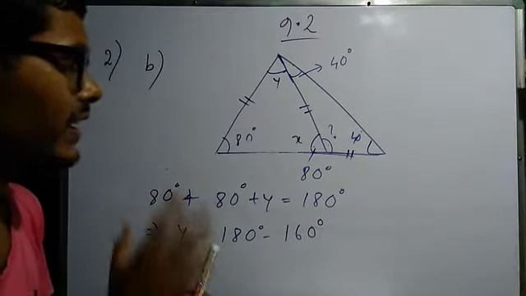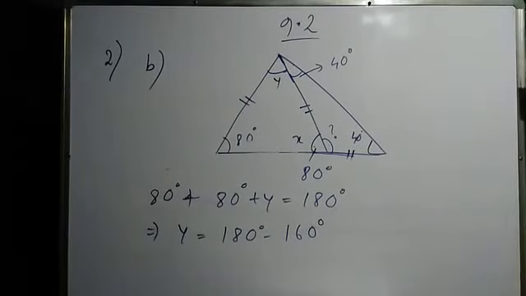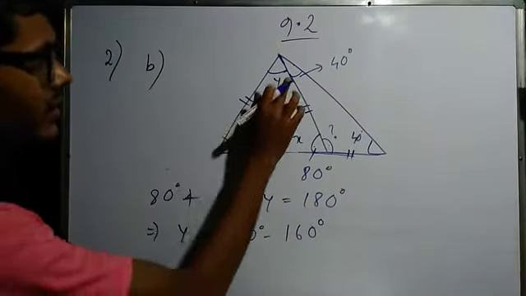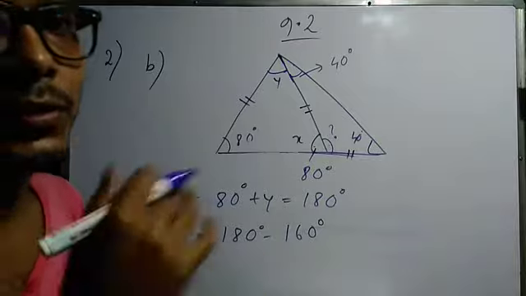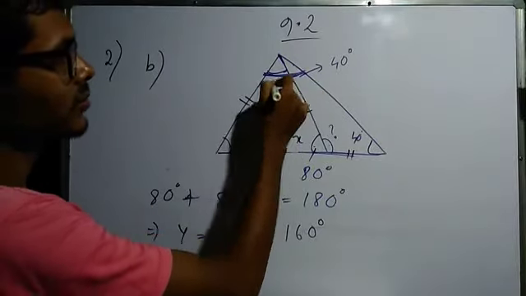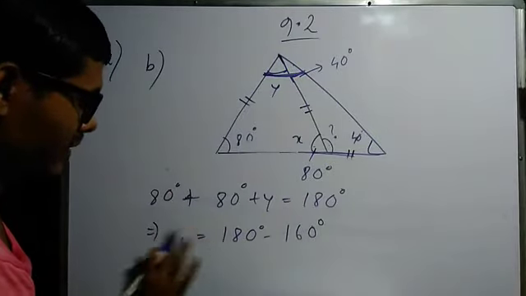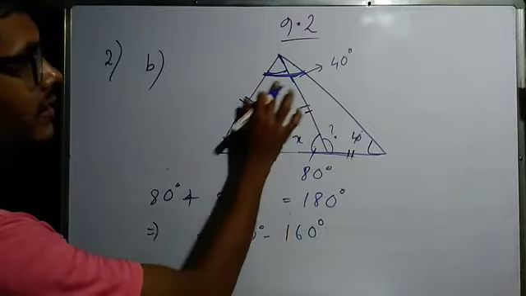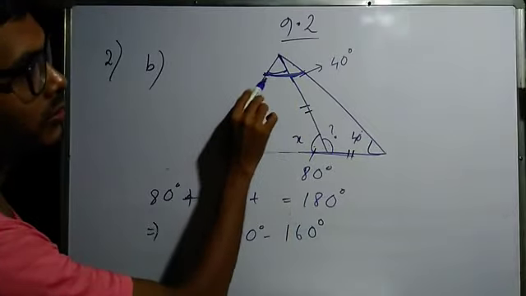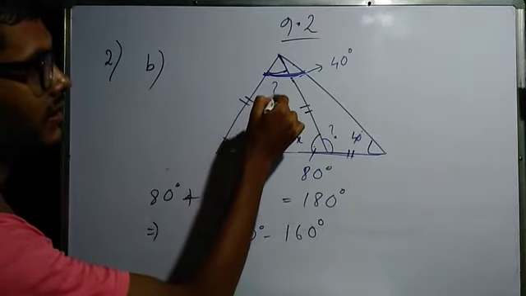Wait. Again, I have to do the calculation. Actually, I have looked at the question again. This angle is not y. This whole angle is represented by y. So assume this angle to be a question mark.